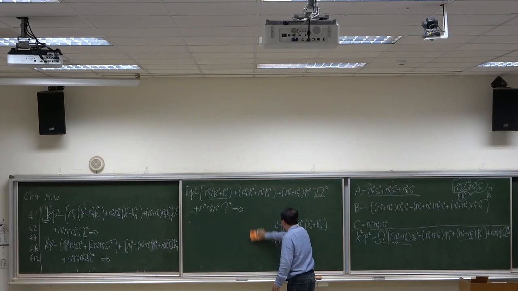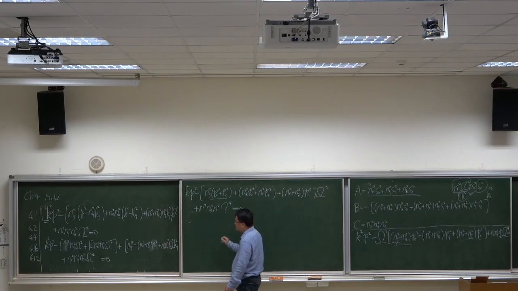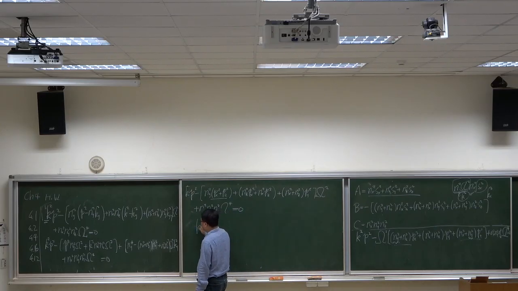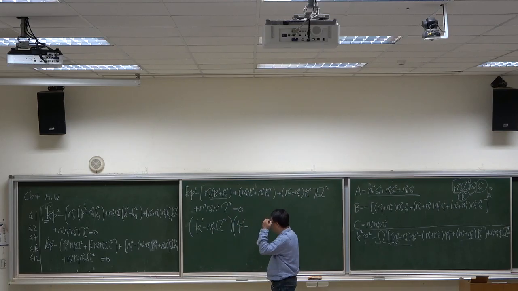have this: k squared minus ny squared omega squared times p squared minus nx squared nz squared omega squared.